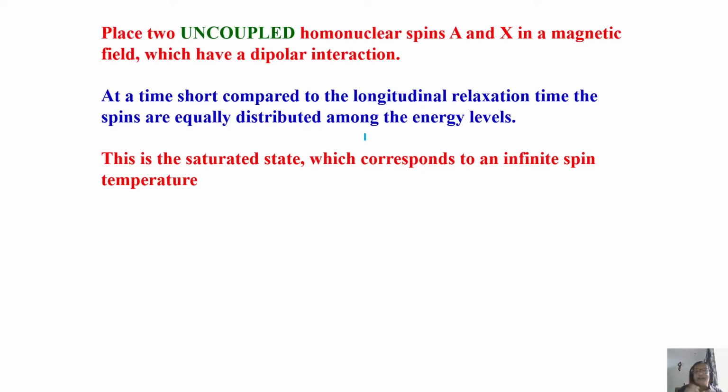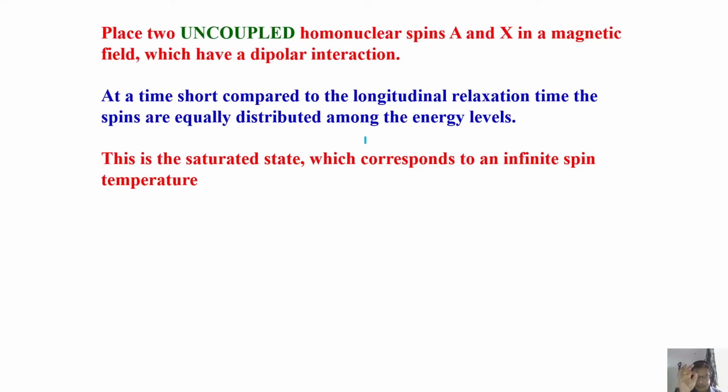It cannot happen immediately. As soon as you put the sample in, the energy separation is there, there is a removal of degeneracy, and spins start occupying different energy states and get populated. It takes some time. The time required is called the spin relaxation time.